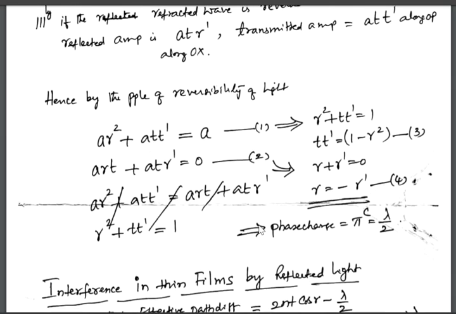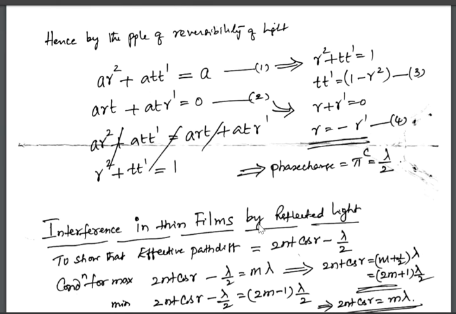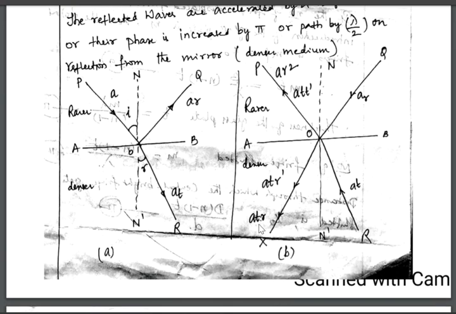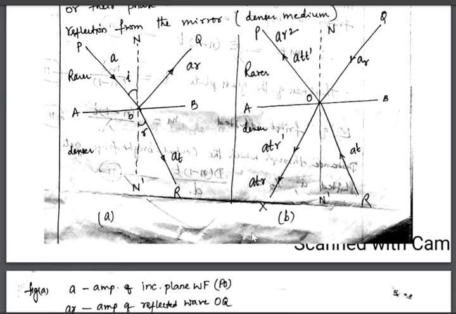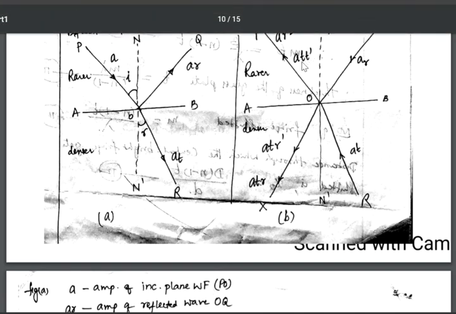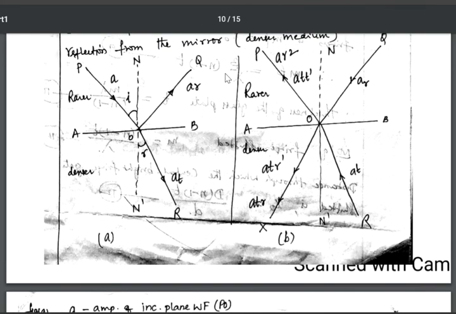Similarly, if the refracted wave is reversed, the reflected amplitude is ATR dash, and the transmitted amplitude is AT into T dash along OP. Hence, by the principle of reversibility of light, AR square plus AT into T dash must be equal to A. Look at figure A. A should be the same as AR square plus AT into T dash, after reversing the path.